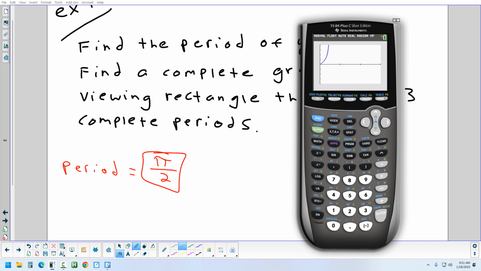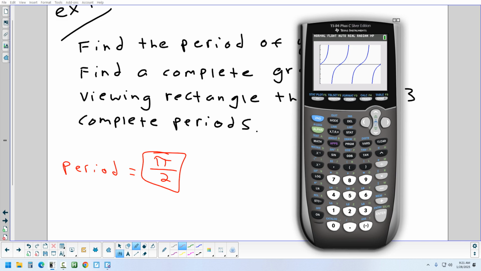All right, so that's a half cycle. That's a full cycle. That's another full cycle. And I'm ending with a half cycle. So I have two halves, which makes a whole, and then the two in the middle. So that's technically 3 cycles.